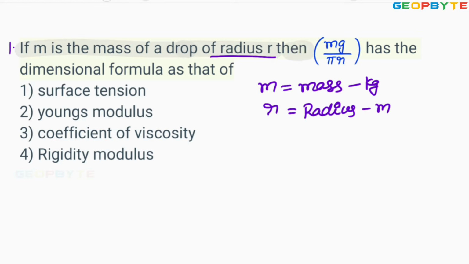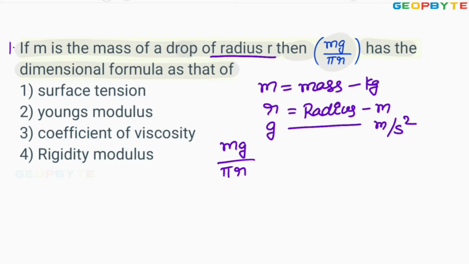Then mg by pi r has the dimensional formula as that of. Here quantity given is mg by pi r. Here g be the acceleration due to gravity, it is in meter per second square.